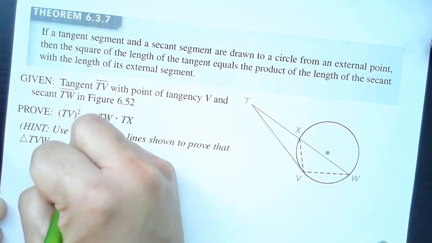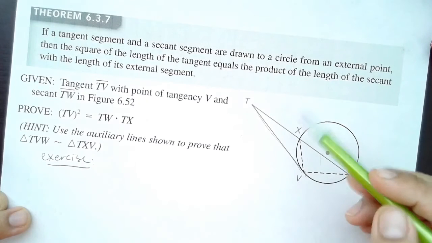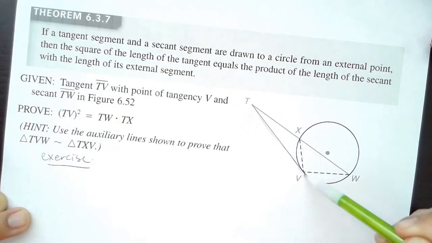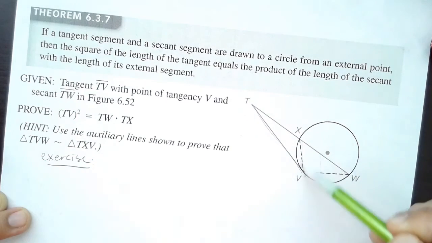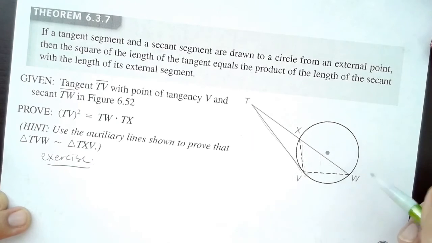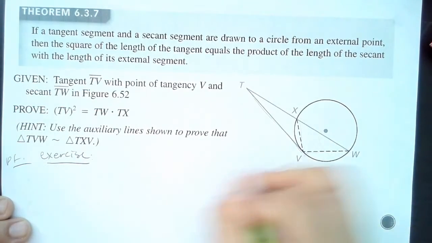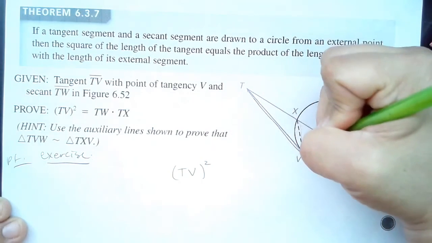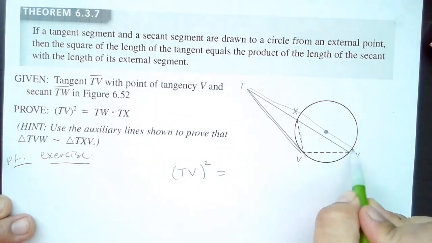And the proof comes from, we draw these auxiliary lines and we show that TVW, this big one, is similar to TXV. Okay, so TVW similar to TXV. So that's an exercise. So proof is an exercise, but I just want to explain to you. So the square of the length of the tangent TV equals the product of the length of the secant, so the product of the length of that with the length of its external segment, TX.